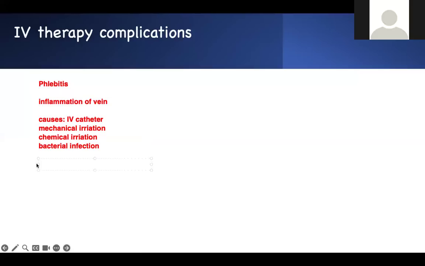What would you see? Signs and symptoms. Because it's a form of inflammation, like I said, you see signs of inflammation. You don't need to memorize redness, or you may see warmth or swelling as blood flow increases at the site. But then look at the vein. You're going to have a palpable cord.